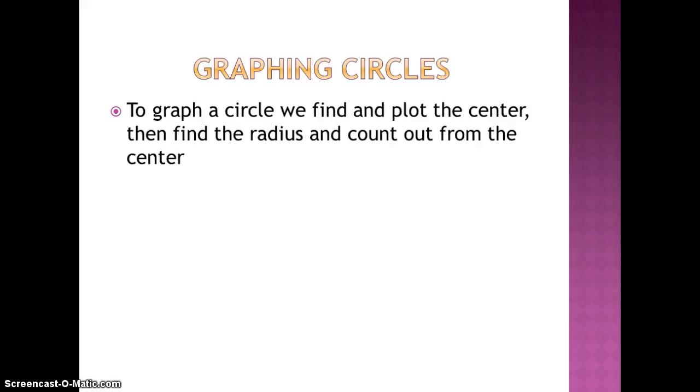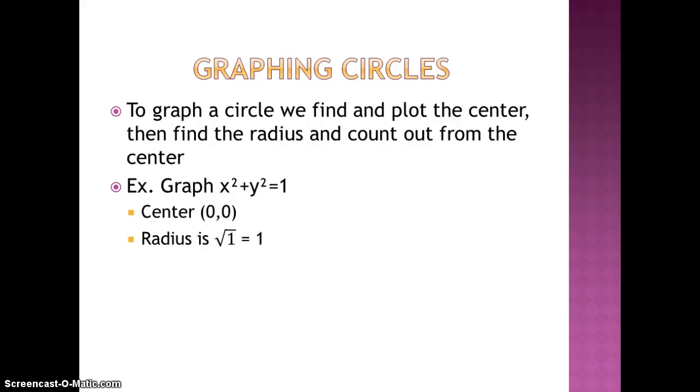To graph a circle, we find and plot the center, then find the radius and count out from the center. So if we wanted to graph x² + y² = 1, we would find that our center is (0, 0), and our radius is the square root of 1, or 1.